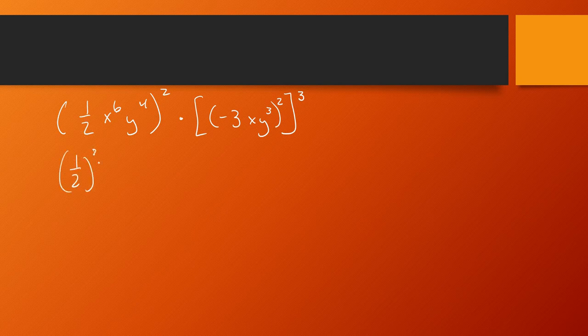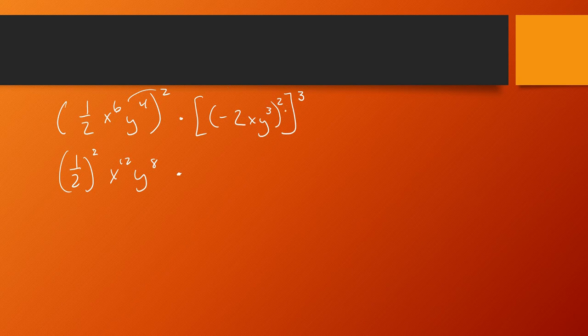Okay, so 1/2 squared. Actually, I'm going to change this to a 2 to make it a little easier for us. x to the 6th to the 2nd power is x to the 12th, I'm multiplying. And y to the 8th. All of that's going to get multiplied by this big thing.